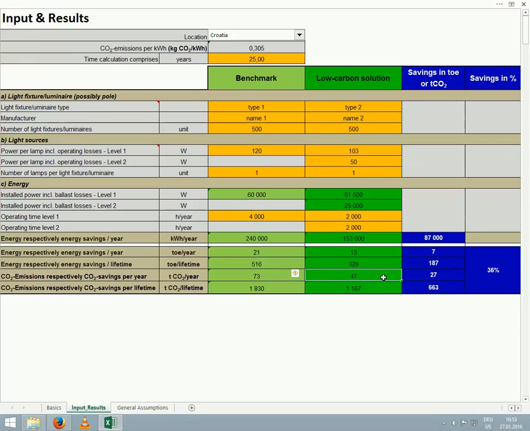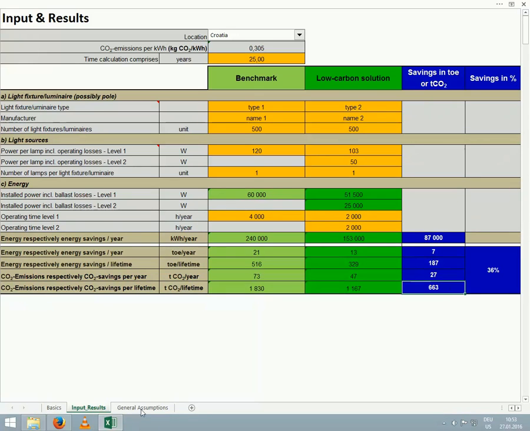The low-carbon solution avoids 27 tons of greenhouse gas emissions per year and more than 600 tons over the course of a 25-year lifetime. So now you know how much energy your municipality can save if it uses low carbon versus standard street lighting, and also how much greenhouse gas emissions can be avoided too.